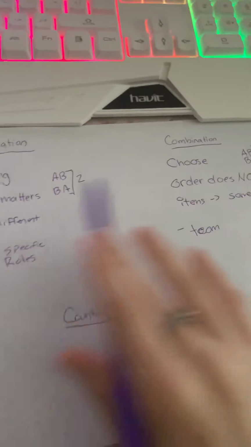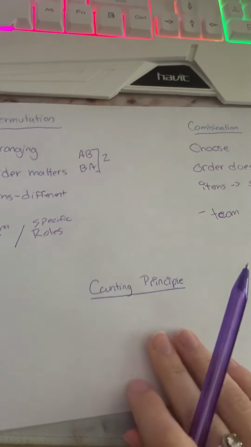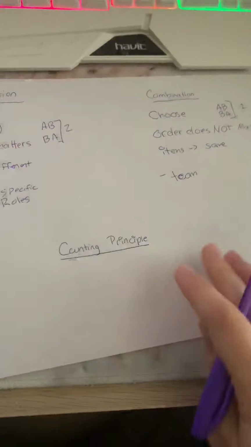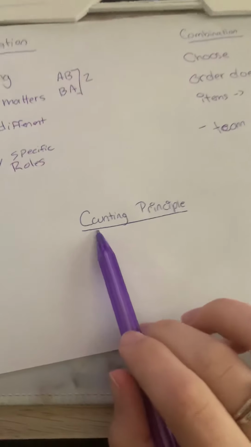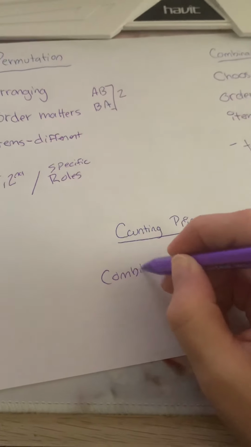So these are easy to confuse with, we talked about counting principle. A lot of times these 3 are all together because they're very similar things, right? How many different possibilities are there? Counting principle is what we did when we combined different things.